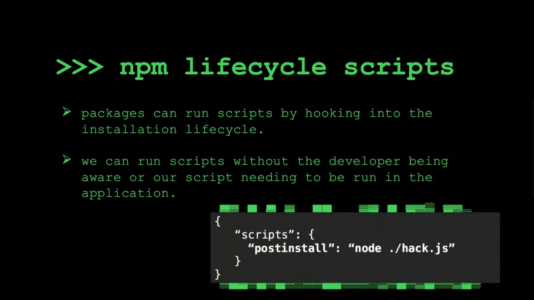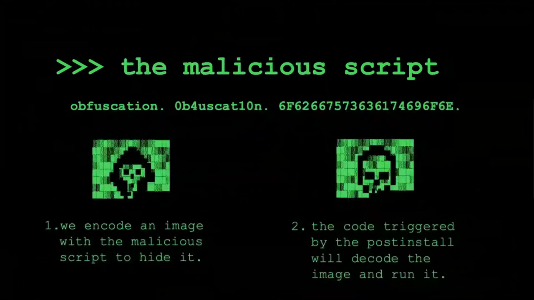As a result, it's very hard for the consumer to detect what was run by our package. There's a huge vulnerability that npm has, which is very easy to evade in terms of what we can do.